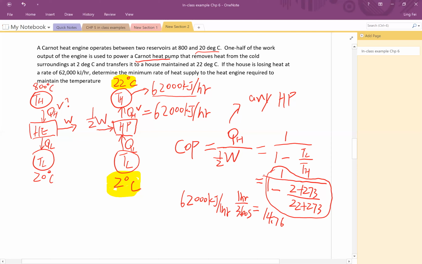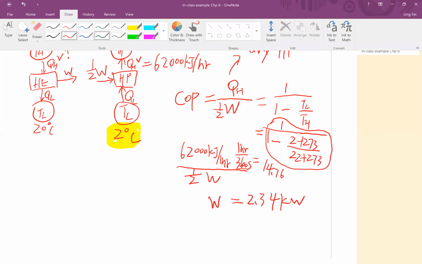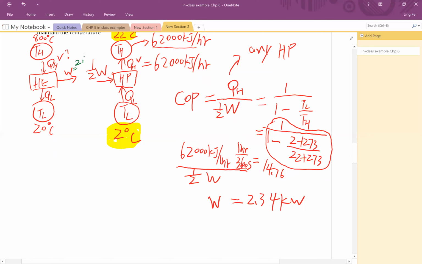So you can do the conversion, then divide by 1/2 of the work. So this is 3600 here. If you do the calculation, your work would be 2.34 kilowatts. So here, we just calculated work equals 2.34 kilowatts.